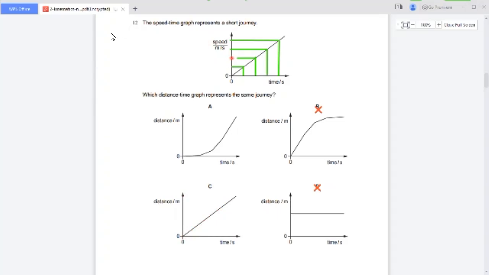So I think this option is correct, because you can see during the first second minimum distance is traveled, and during the second second comparatively large distance is traveled, and in the third second you can see from here till here comparatively more distance is traveled, and during the last second much more distance is traveled. So I think this option is much better.